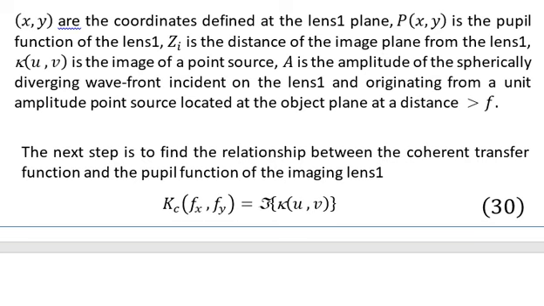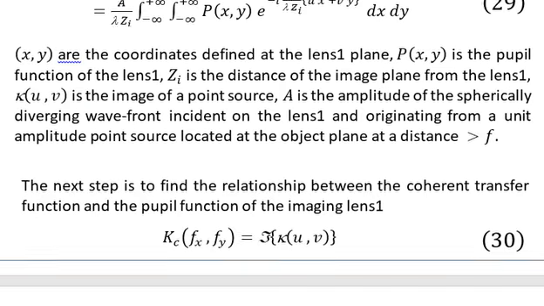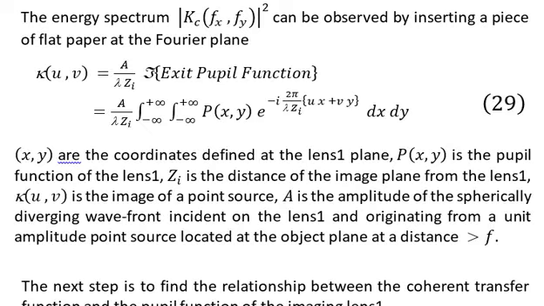So in equation number 30, the next step is to find the relationship between the coherent transfer function, that is the capital Kc as a function of fx, fy, and the pupil function of the imaging system lens L1. The Fourier transform of the kappa function as given in equation number 29 is related with the pupil function p of xy.